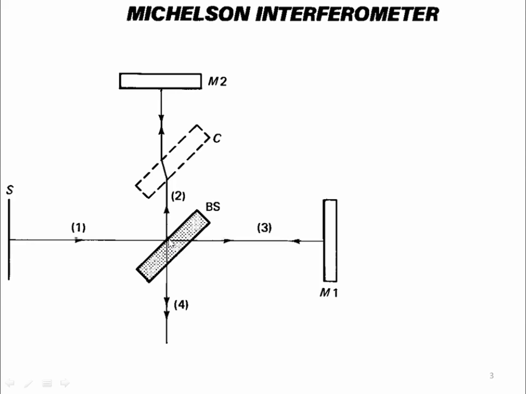Now here the splitting happens, and that is where the difference in optical paths begins. The second beam follows this path, faces reflection, and comes back. The third beam goes along this path, faces reflection, comes back, and gets transmitted through this point. So the two beams, when they exit this point, definitely have different optical paths.